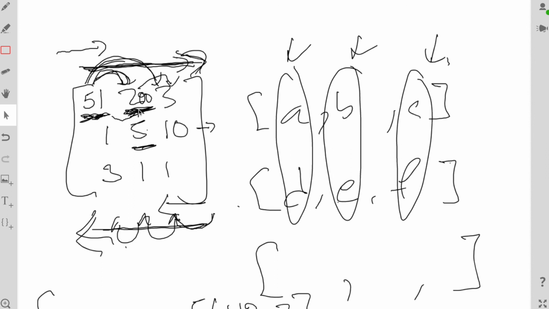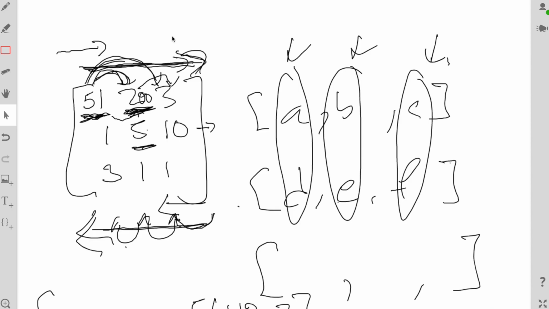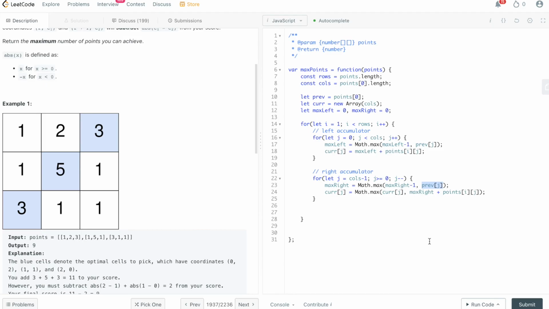For the left-hand side. So it's whatever is directly above the current value that we're calculating. So that's why it's previous j, right? Here, we want to figure out what's the max that we want to move forward. Is it going to be this, or is it going to be the max left value here? Similarly, on the max right side, is it going to be this, or the max right addition that we're moving forward?